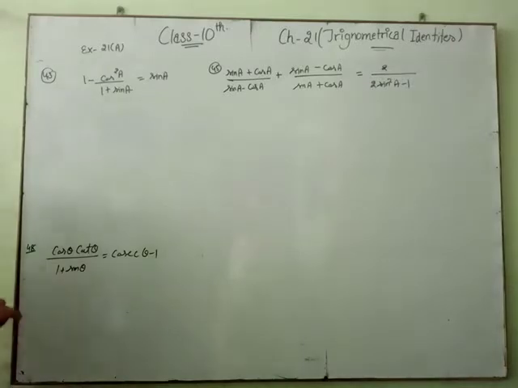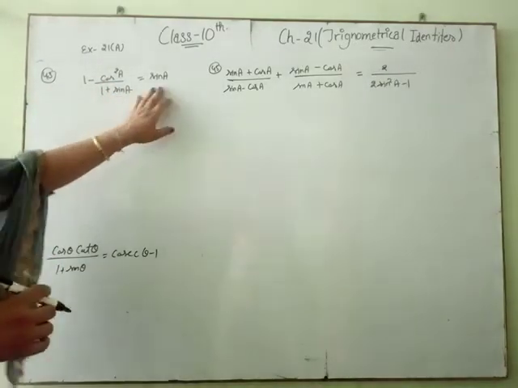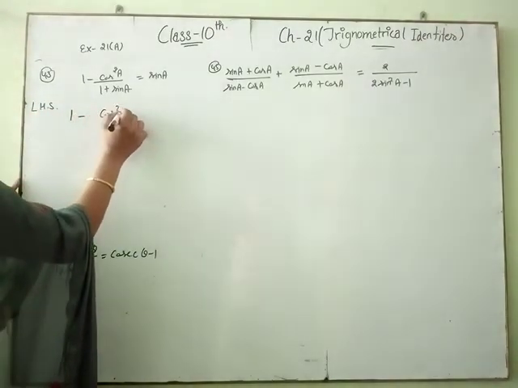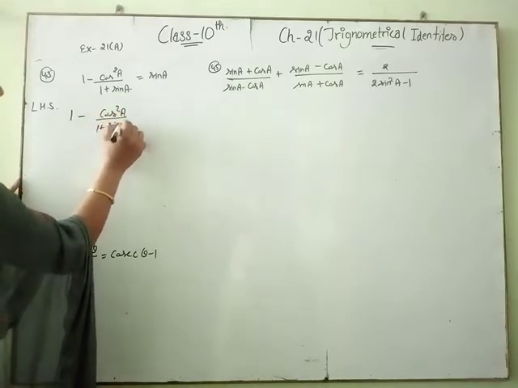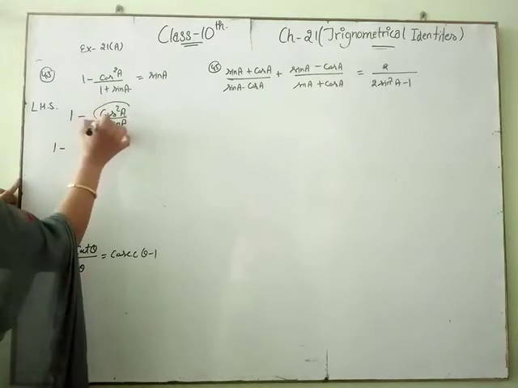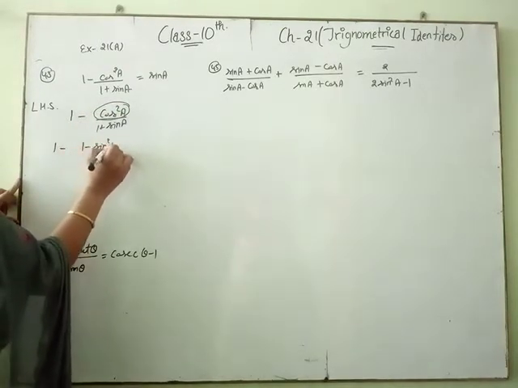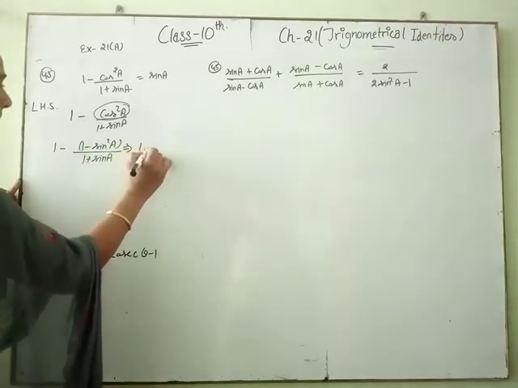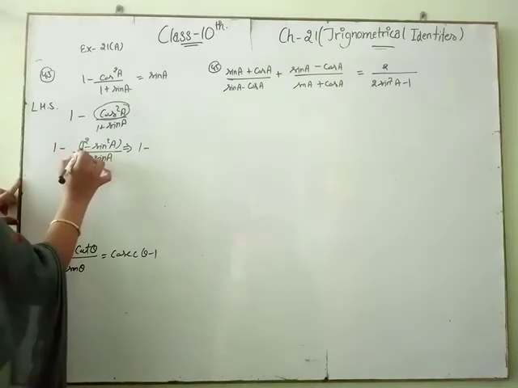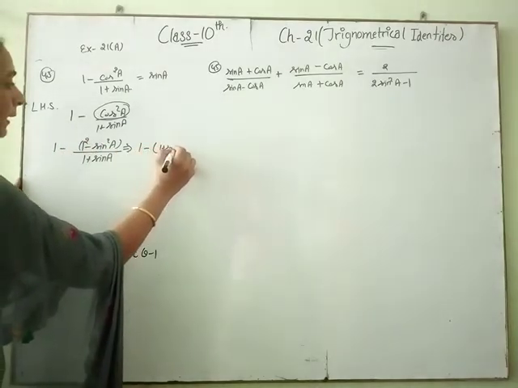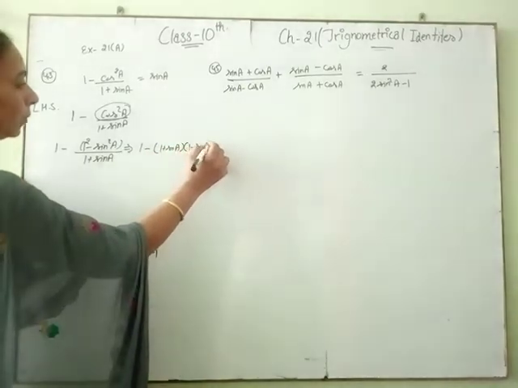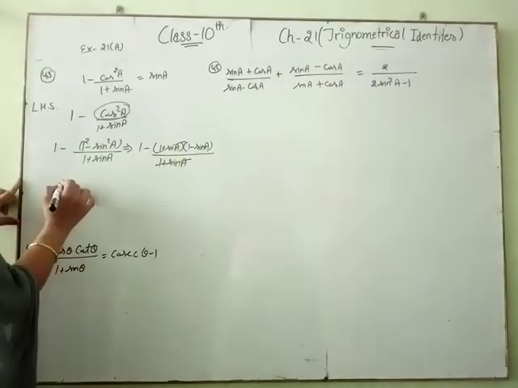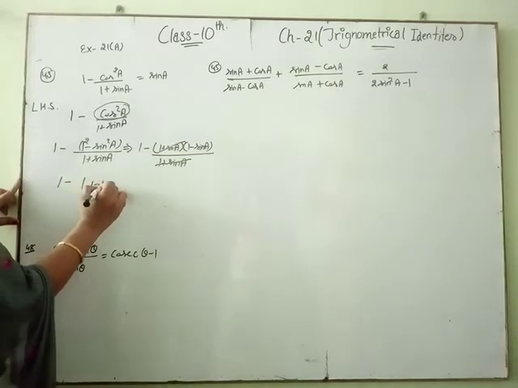Question number 43. 1 minus cos square A by 1 plus sin A equals sin A. I take the left hand side, 1 minus cos square A by 1 plus sin A. We write cos square A as 1 minus sin square A, so 1 square minus sin square A, which is A square minus B square, so 1 plus sin A and 1 minus sin A, A plus B, A minus B. The 1 plus sin A cancel.